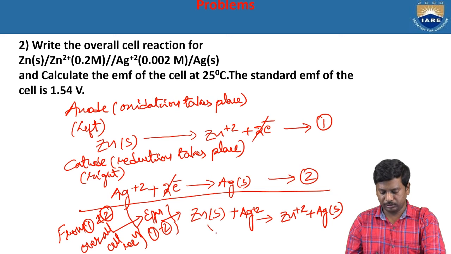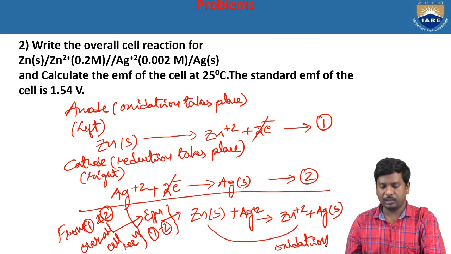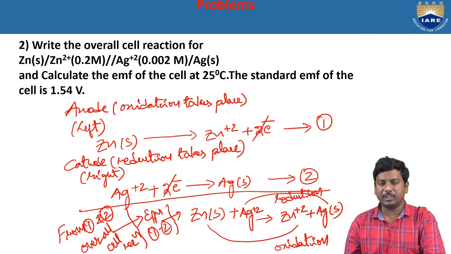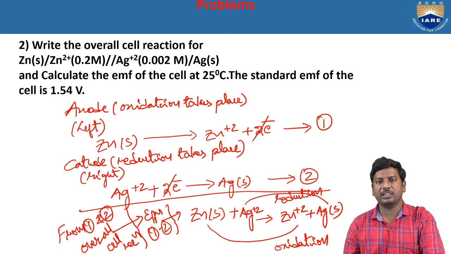From zinc solid to zinc plus 2, oxidation takes place, and from silver plus 2 to silver, reduction takes place. That means both oxidation and reduction reactions take place simultaneously. That is nothing but a redox reaction.